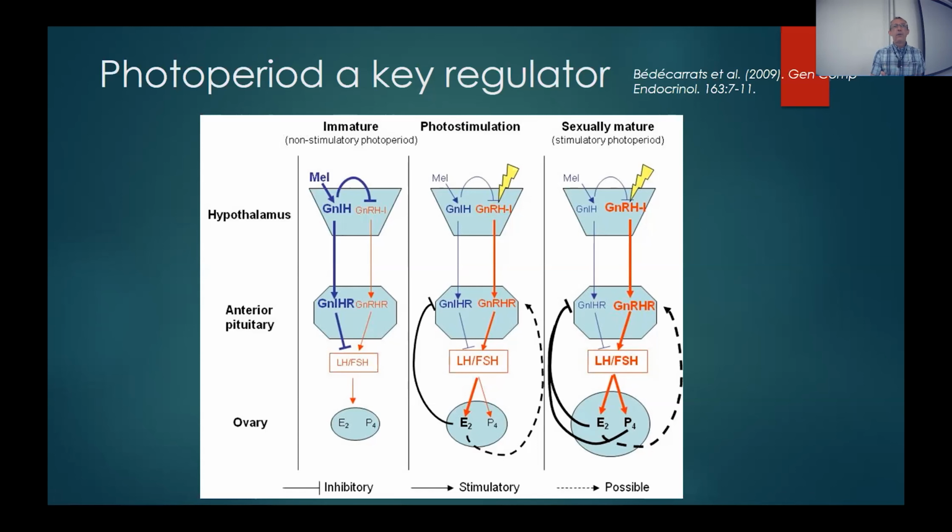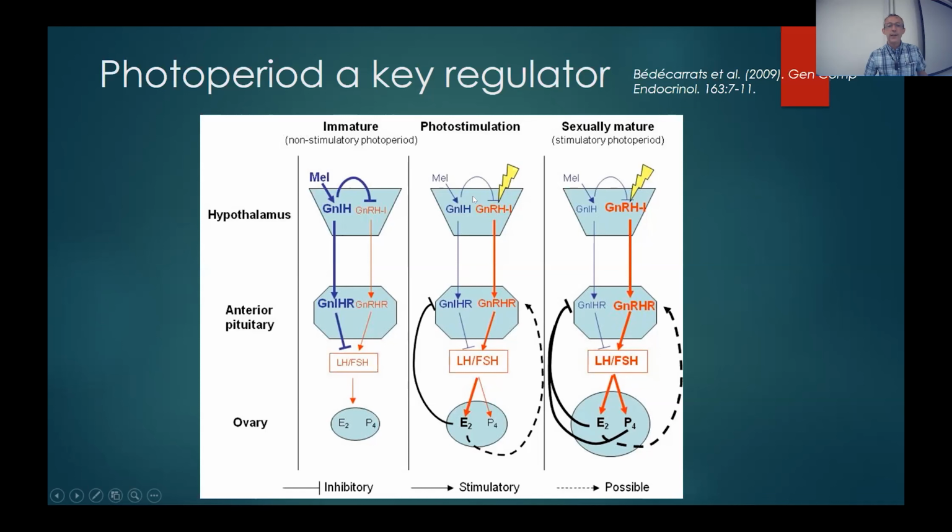However, as the photoperiod increases, in the industry known as photostimulation, it reduces the amount of melatonin, so we lift the foot off the brake pedal, and at the same time, that increase in photoperiod directly stimulates the brain to produce the accelerator molecule GnRH.